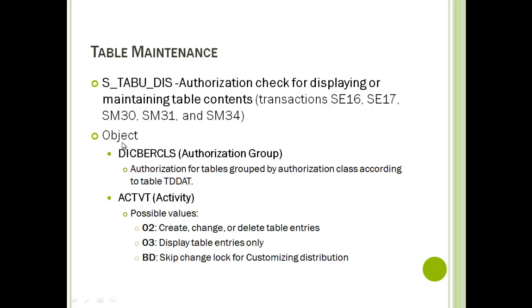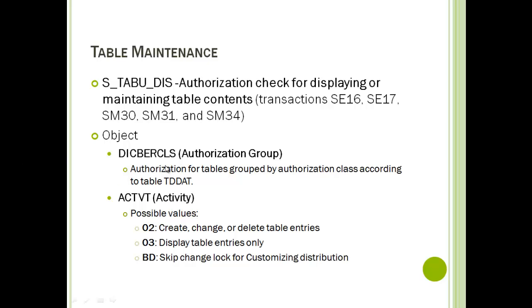We have two different fields, which are called DICBERCLS, the authorization group, and activity. For activity, you have 02 to create, change or delete table entries, and 03 for display of an entry.